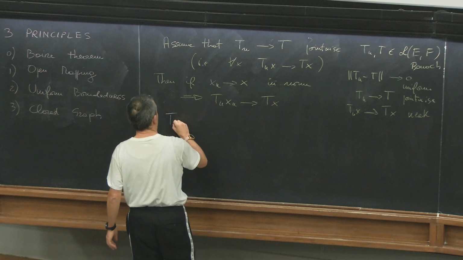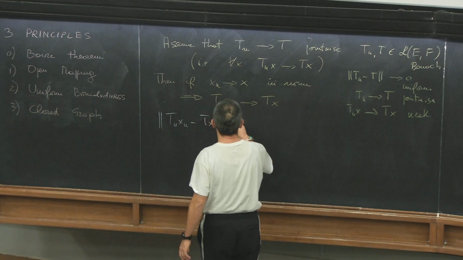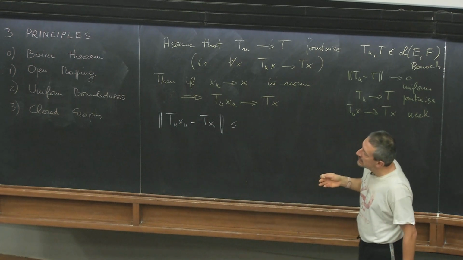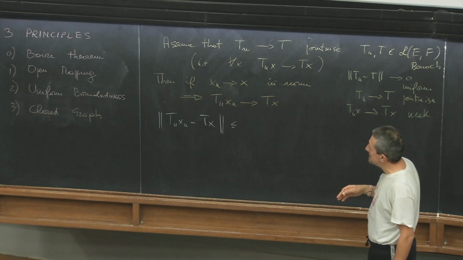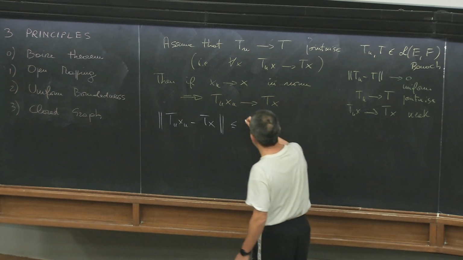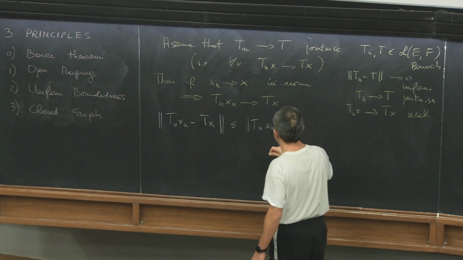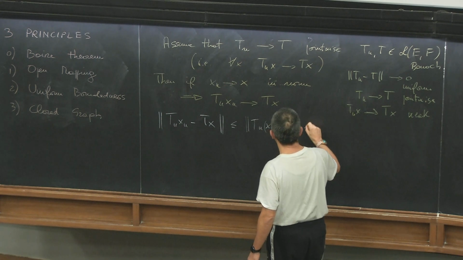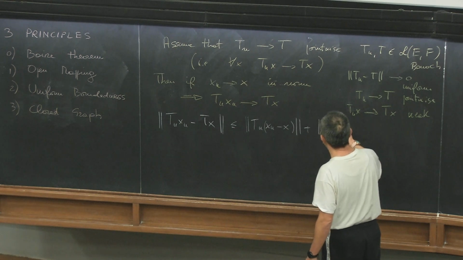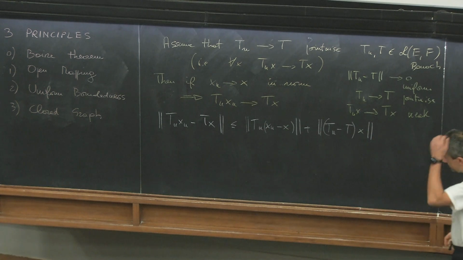So you want to write the triangle inequality: the norm of Tn xn minus T x is less or equal than the norm of Tn xn minus Tn x plus the norm of Tn x minus T x.